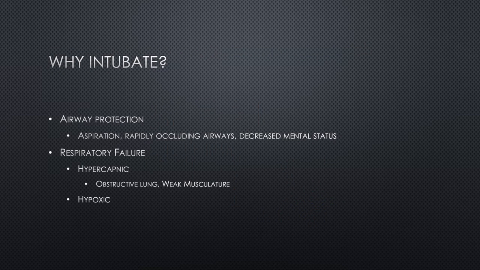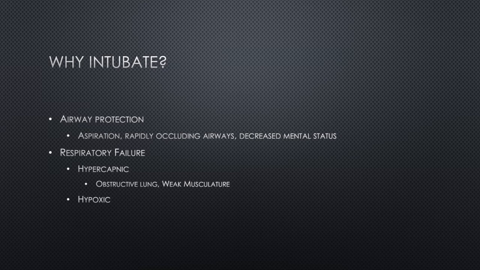Let's cover why we want to intubate in the first place. So usually you can break this down into two broad categories. You either want to intubate to protect the airway or because the patient has respiratory failure or impending respiratory failure.